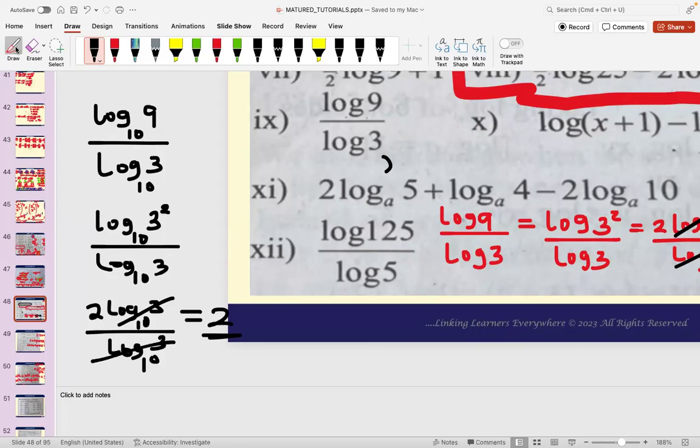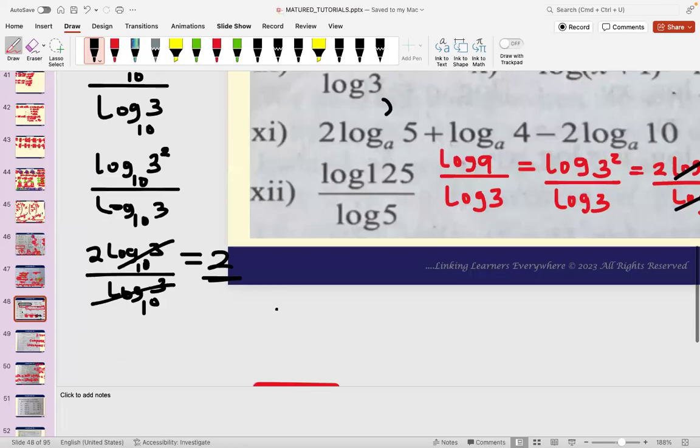Yes, exactly. That's what I'm saying. Because of the way the law is, you cannot do it like the indices. Because there's a log, you can only concentrate on 3 squared and 3. If you do that, you make a mistake.